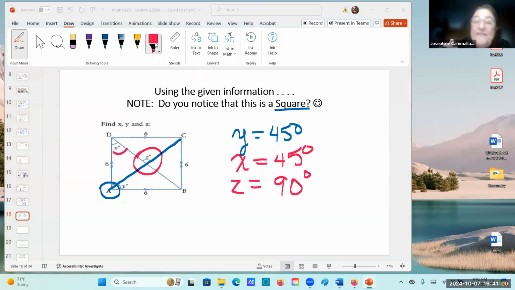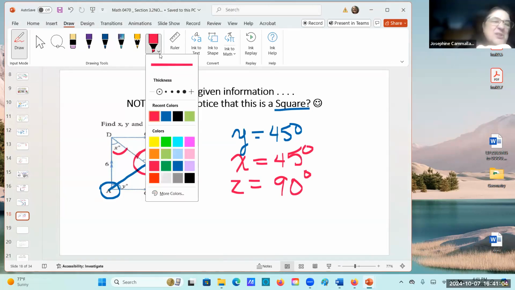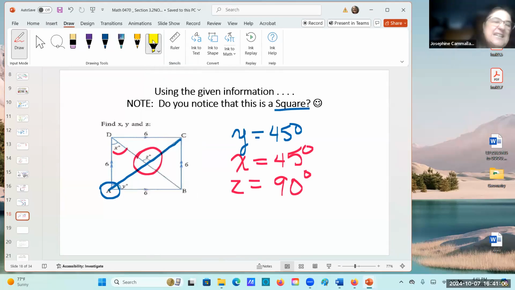If I know what the figure is, and also notice right here, 6, 6, 6, 6, and I have the box. Life's nice.